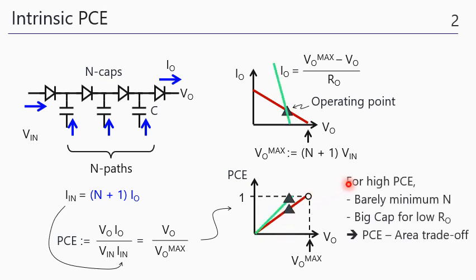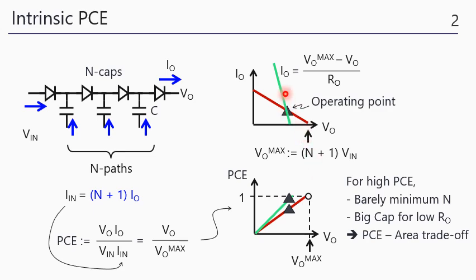To get a high PCE, you need to design the charge pump with the minimum N, meaning this point should be close to your operating point like this. However, in this case, the IV curve should be much steeper than before. So to do this, the output impedance RO must be very low.